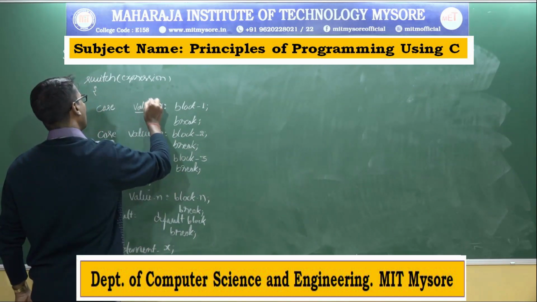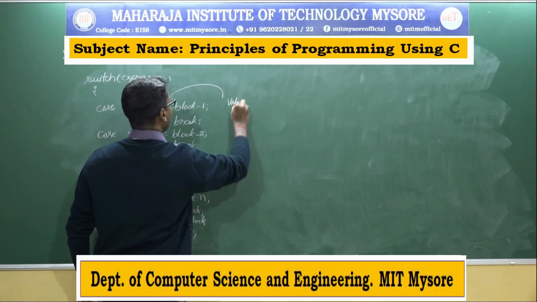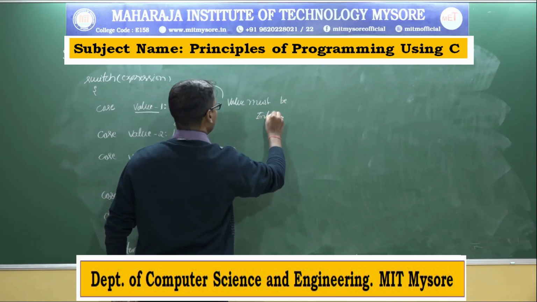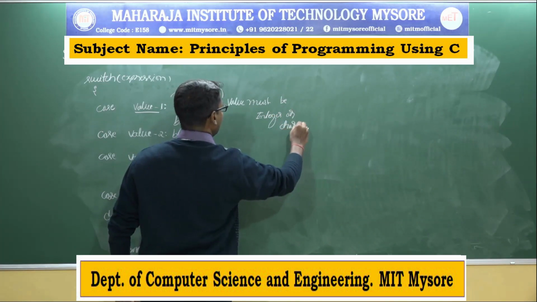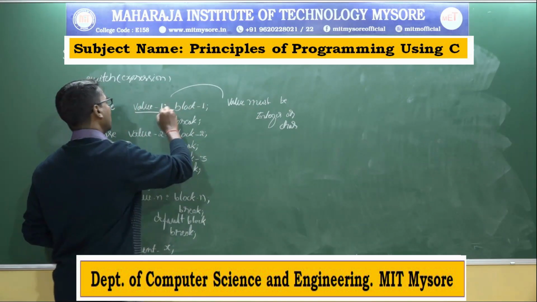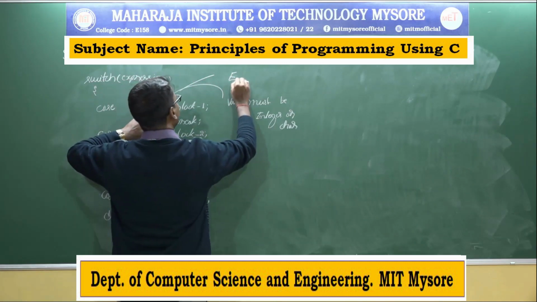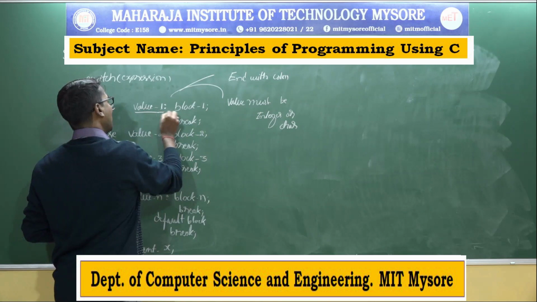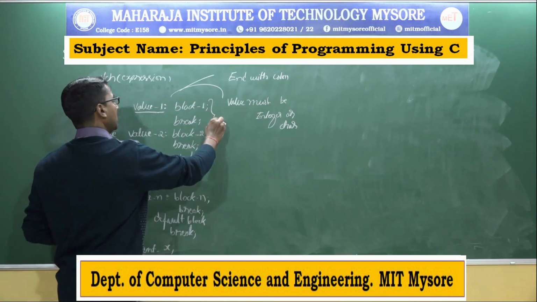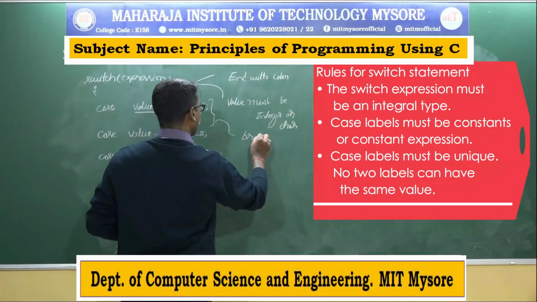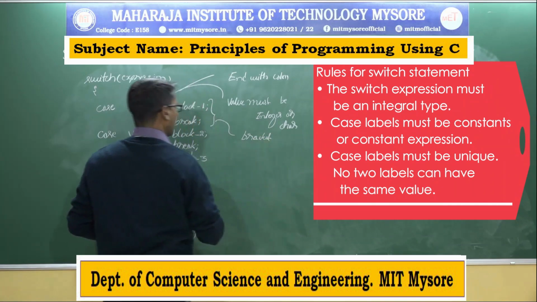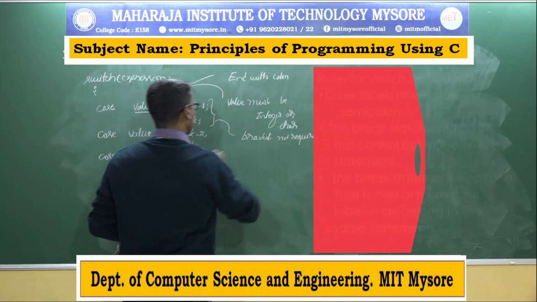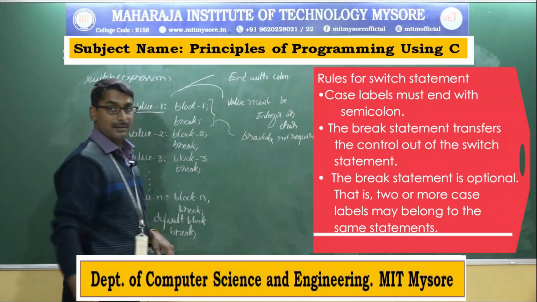Here value 1 must end with a colon. The value must be an integer or character value, and it must end with a colon, and each value has its corresponding block of statements. Here brackets are not required.